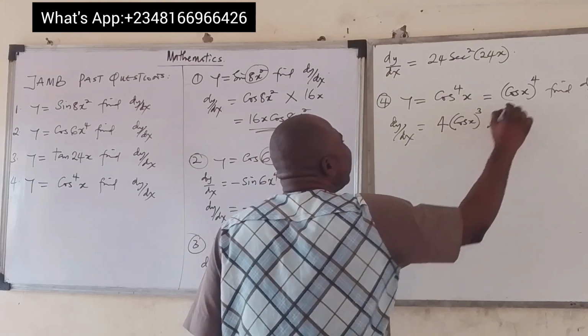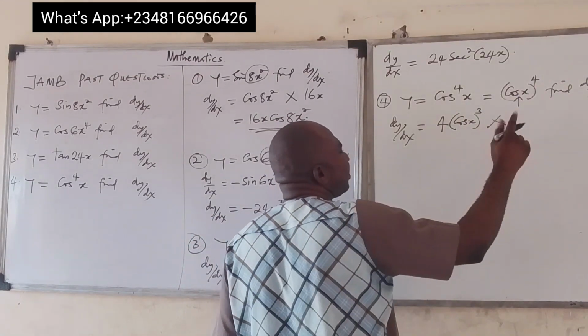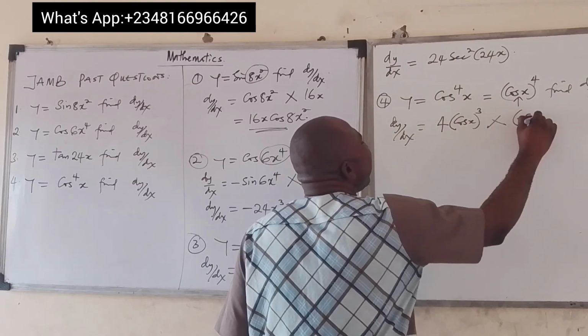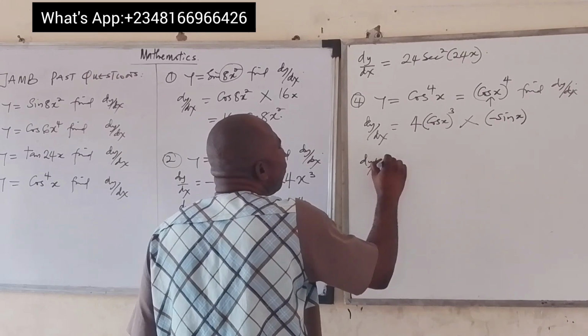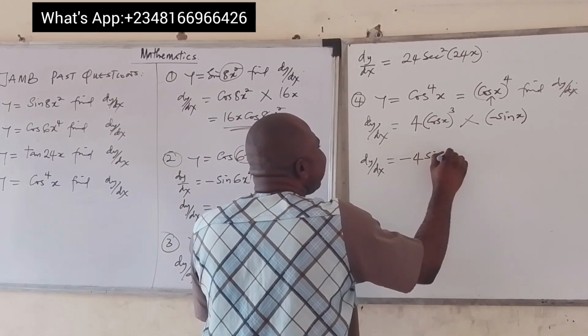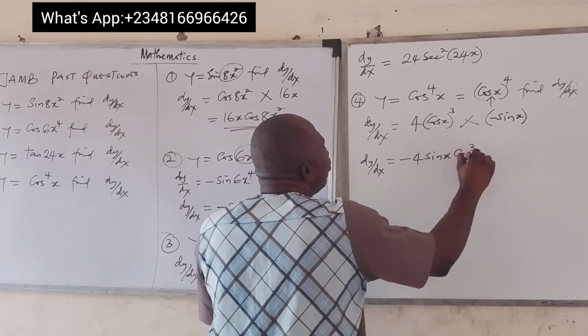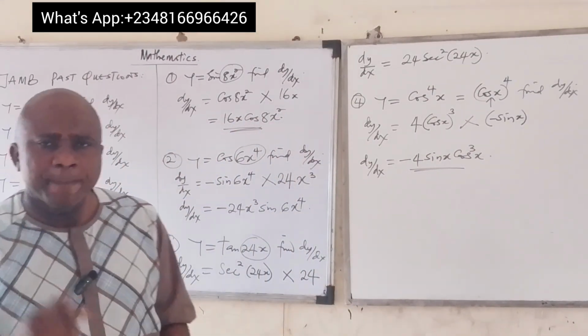Then you multiply it by the derivative of the function, and the function there is cos x, so that will give us minus sine x. So dy/dx will be equal to minus 4 sine x cos cubed x. So that is how to apply the short method.